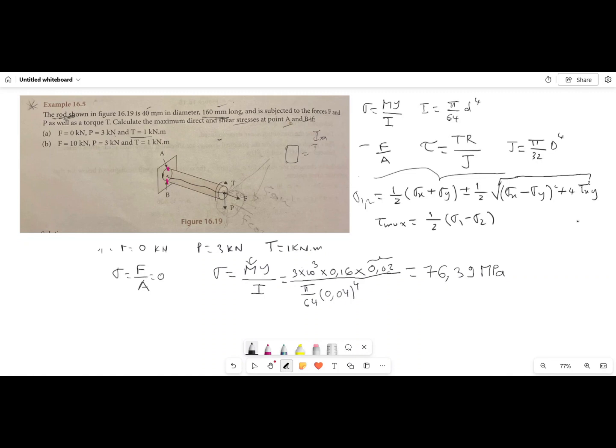Which one are you asking about, sir? Remember, my brother, we check for F, it is 0 here. We check for P, we get a bending stress, which is also creating a direct stress in this case. Now, we are checking for T. Look at T, and what do you think is happening?